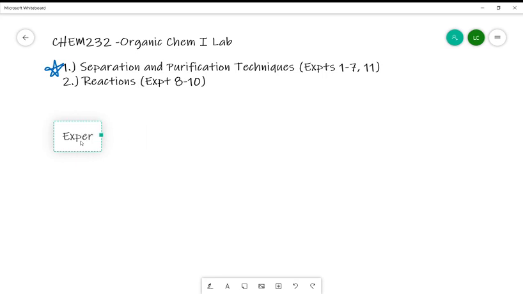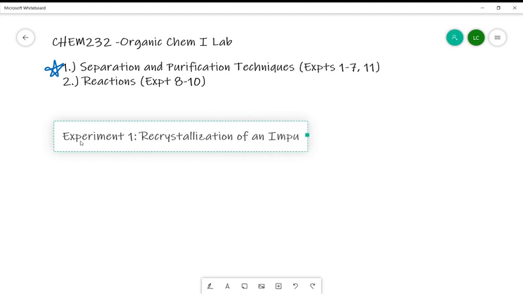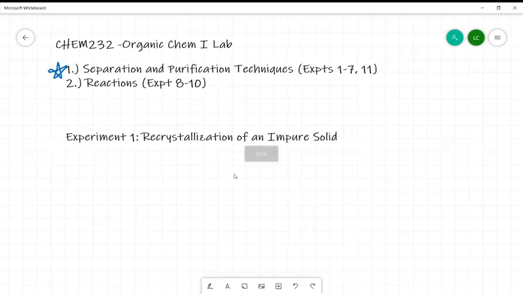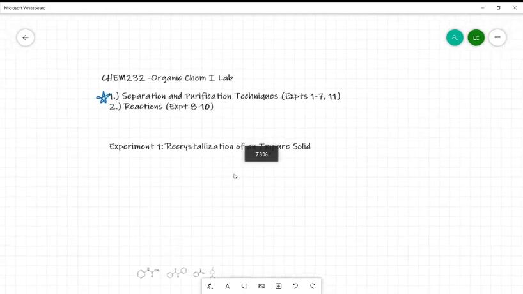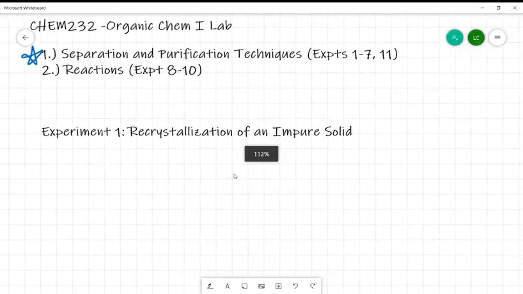So essentially, in experiment 1, I believe you did recrystallization of an impure solid. And you also took the melting point of your impure solid and your pure, recrystallized product.